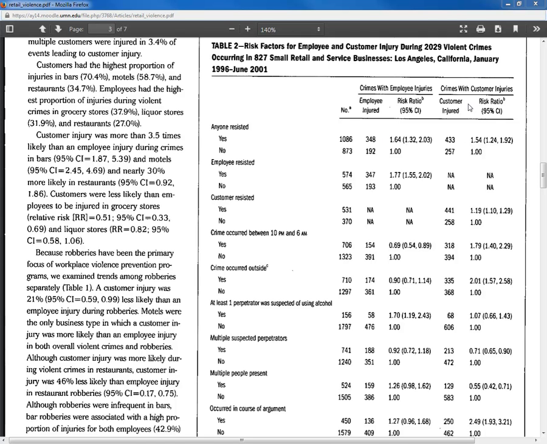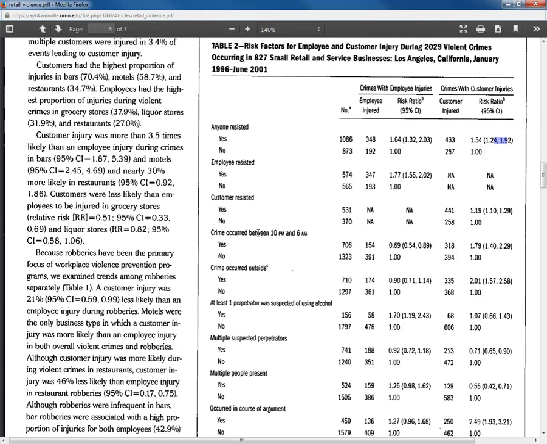If you want to think about the event of whether a customer gets injured, that relative risk is 1.4 times additional risk of customers getting hurt if there is resistance to the crime. Confidence interval is entirely above 1, suggesting that the population of events where anybody resists has higher customer injury risk than if there's no resistance.